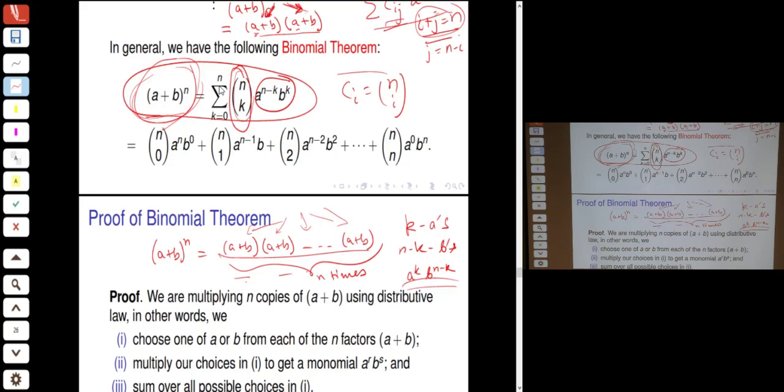So, the total number of ways of expanding this into a term with k A's and n minus k B's, which will give you A to the k times B to the n minus k, is the total number of ways of choosing k brackets for your A's out of n brackets in total, and that is n choose k. So, you get this expansion. Although it is general n and it looks complicated, the underlying logic is really simple.